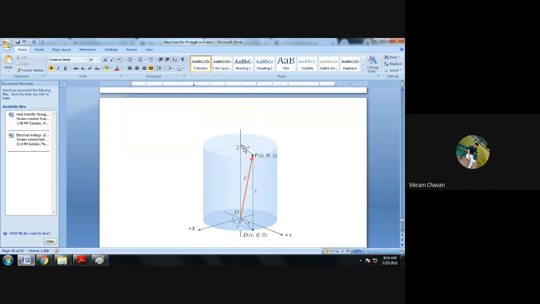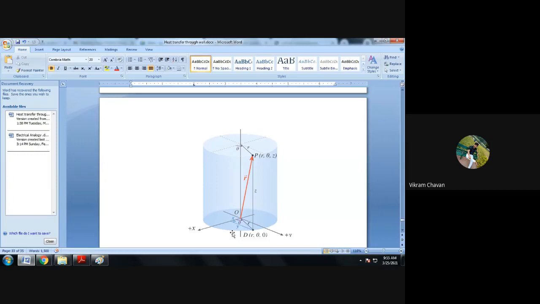R is the distance of the point from the center axis, that is, how far away the point is located from the center axis. Z is the height of that particular point from the base surface. Then phi, or theta, is the angle made by that particular point with the x-axis.